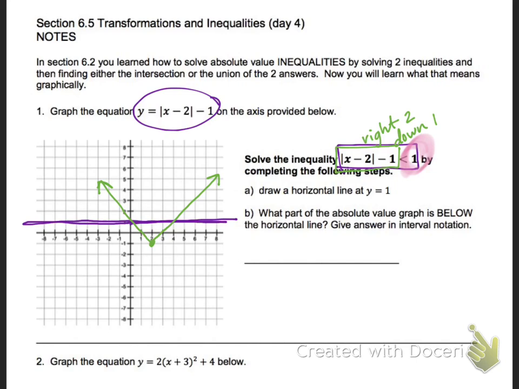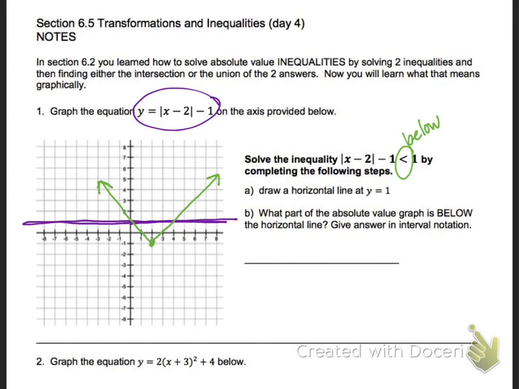Then the question says, what part of the absolute value graph is below? In my question, it says less than, so that means below the horizontal line. Give the answer in interval notation.